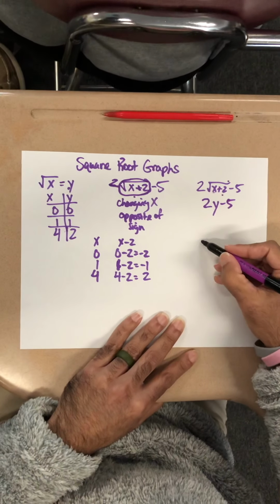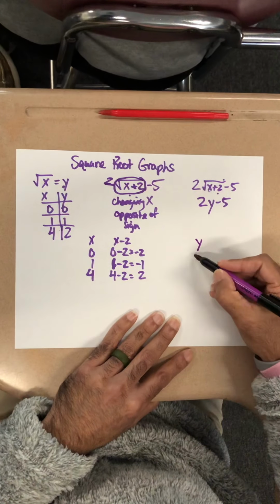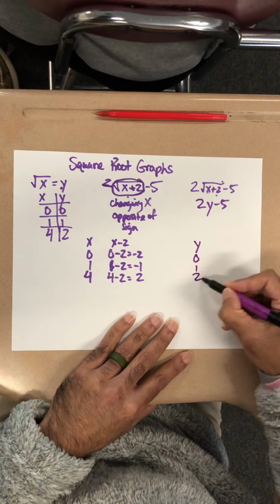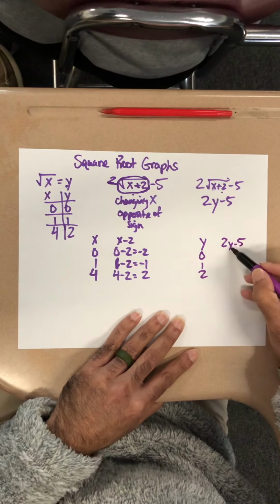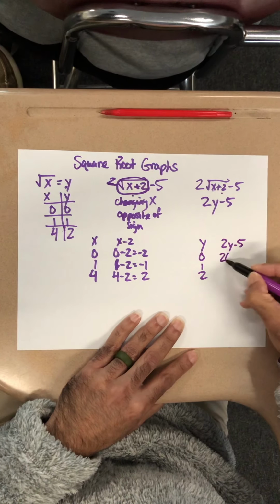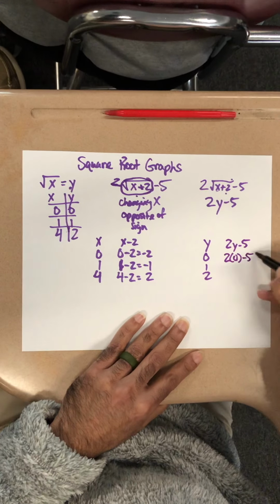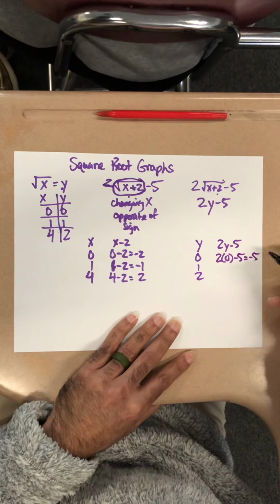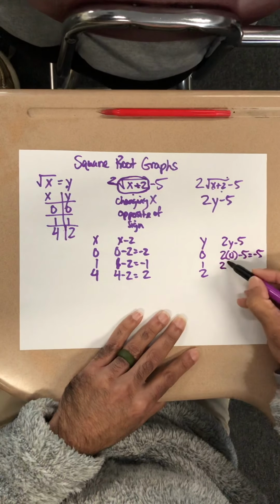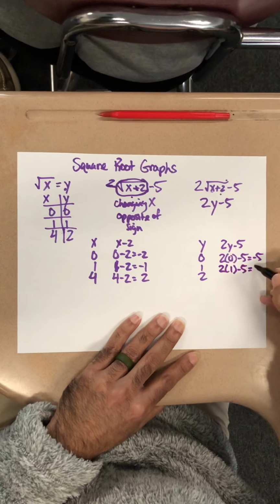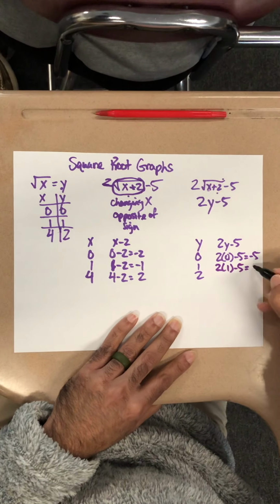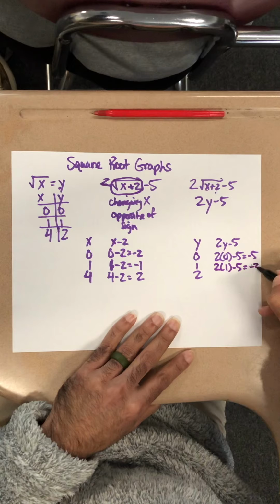And so if our regular y was 0, 1, and 2, now we'll input it into this problem. 2 times 0 minus 5, which equals negative 5. 2 times 1 minus 5 equals negative 3.